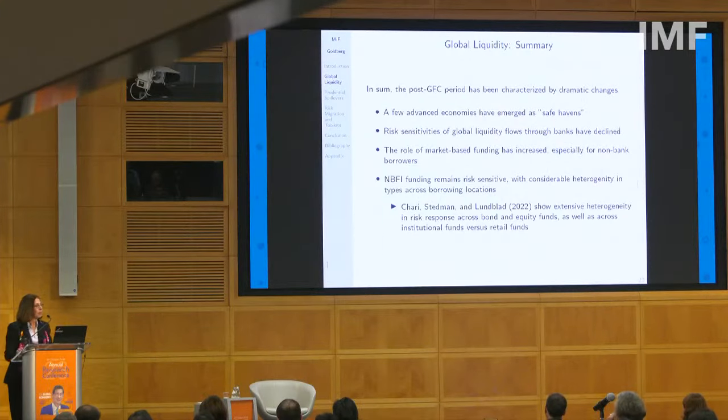So in sum, what we've seen so far is that in the post-global financial crisis period, things have been characterized by some dramatic changes. A few advanced economies emerged as so-called safe havens. Advanced economies are better understood by separating out the so-called safe haven experiences from other advanced economies.